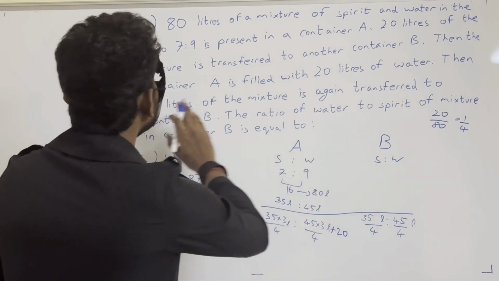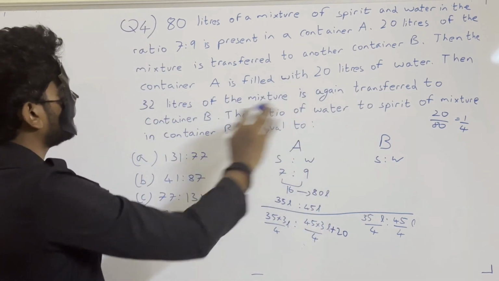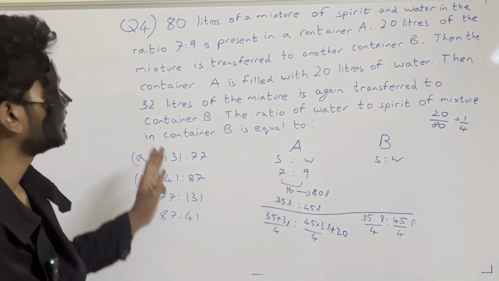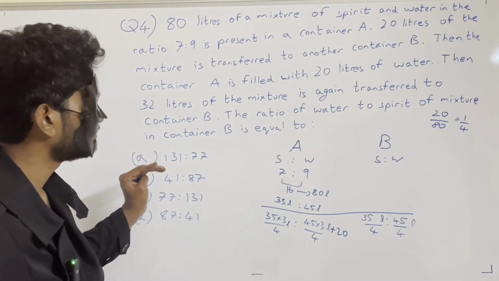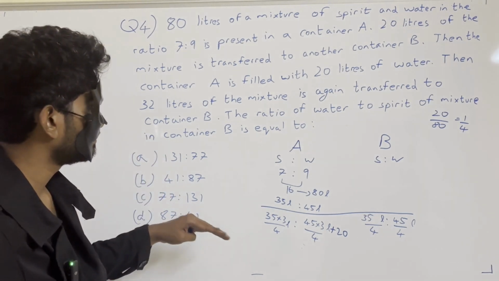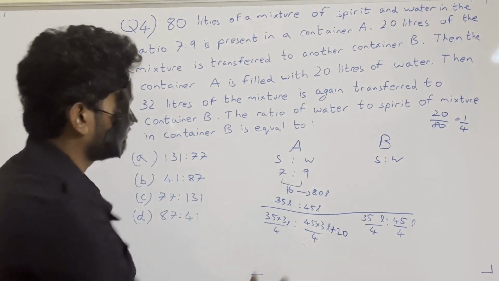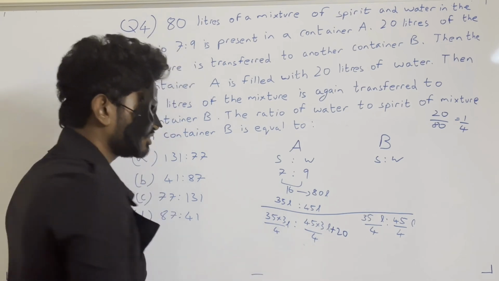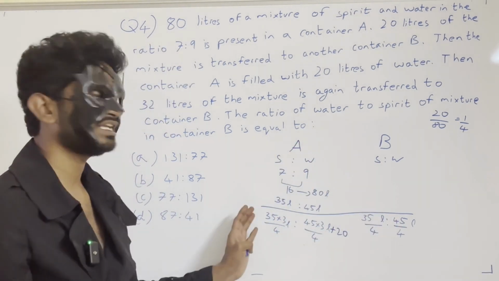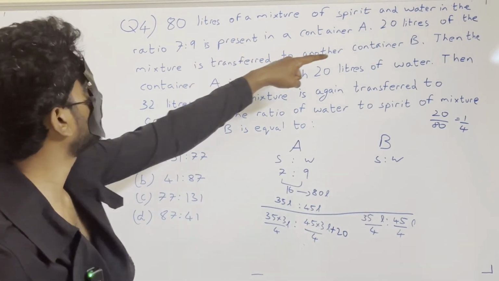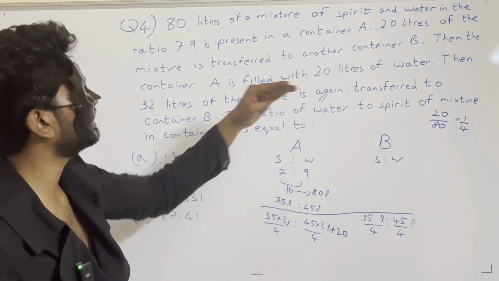Next point. Then 32 liters of the mixture is again transferred to container B. Now, we have taken 20 liters of mixture out and we are adding 20 liters of water.